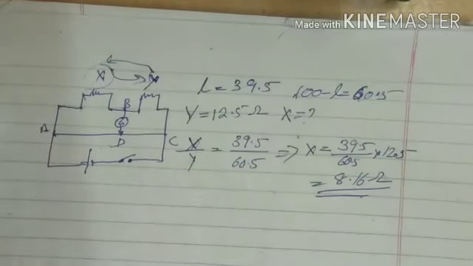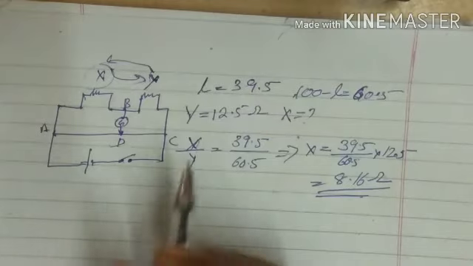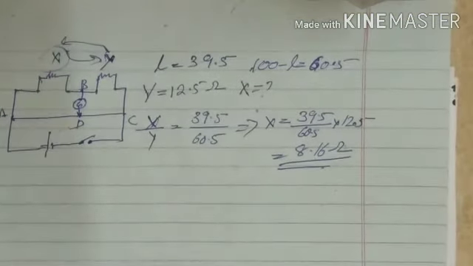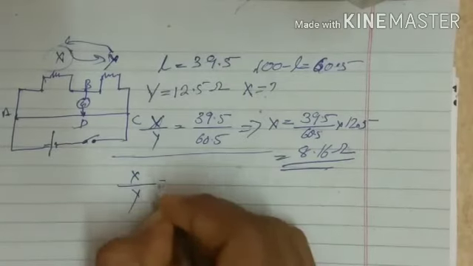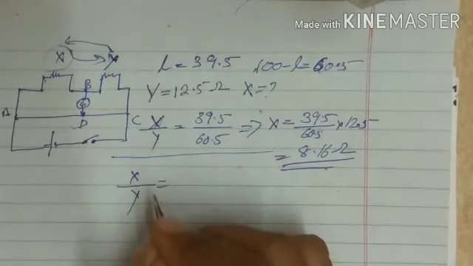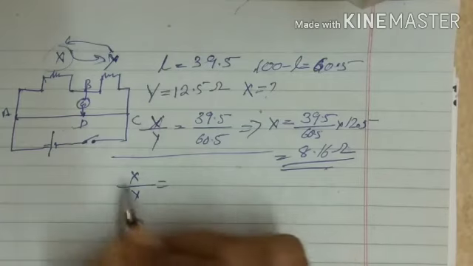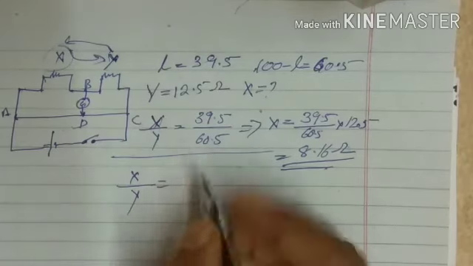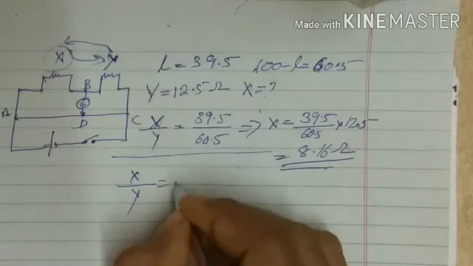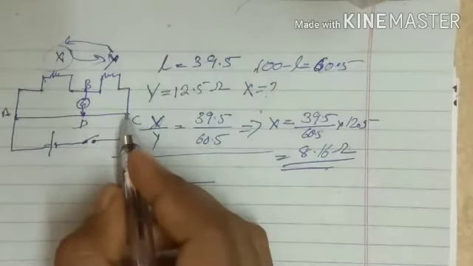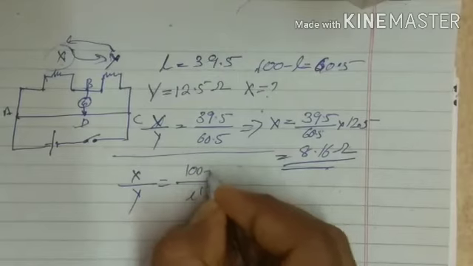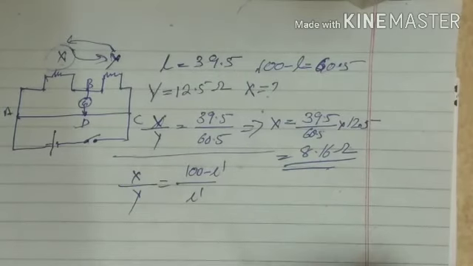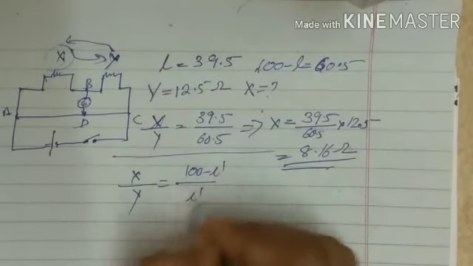So now we know the value of X and Y. We can take again the same equation, X by Y is equal to, instead of L, we can take another measure, that is L dash. Now the measure is taken from the direction of Y because Y is here. So L dash by 100 minus L dash. That's the equation.